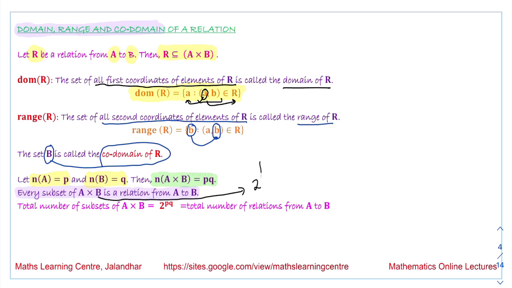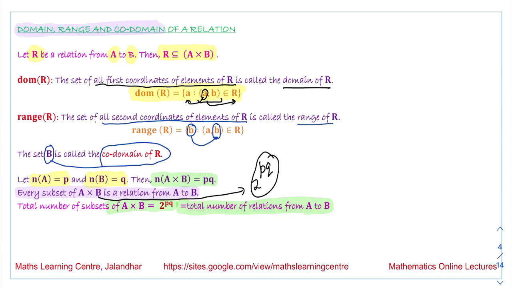It is 2 raised to the power P into Q. So the total number of subsets of A cross B is 2 raised to the power P into Q, and that is equal to the total number of relations that can be formed from A to B.